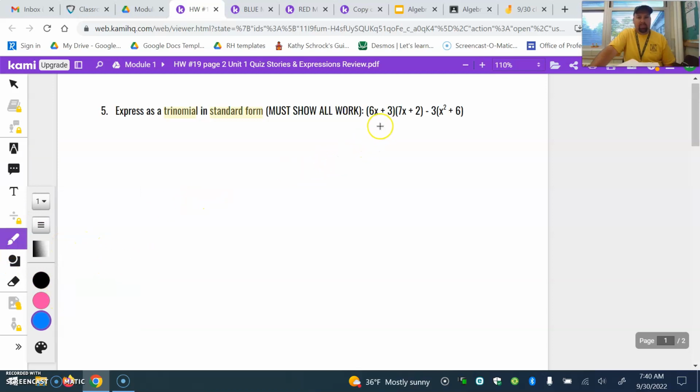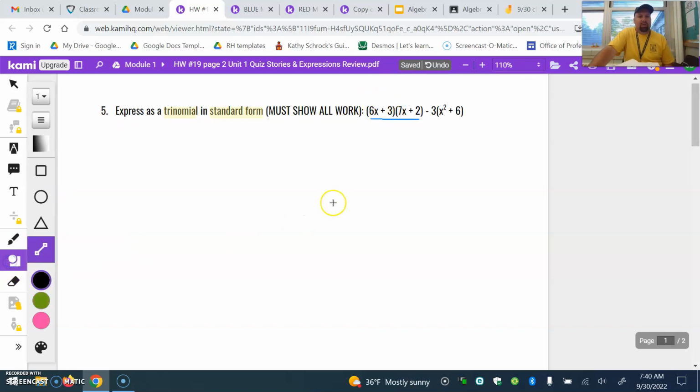Okay, so the first step would be, in my opinion, well, it depends. I think I might actually go in a different order than I did on the original key that I made. No, maybe not. I was going to distribute the -3 first. But I guess I'll start with the 2 binomials and do the double distributive.